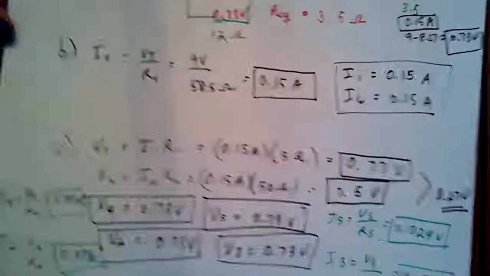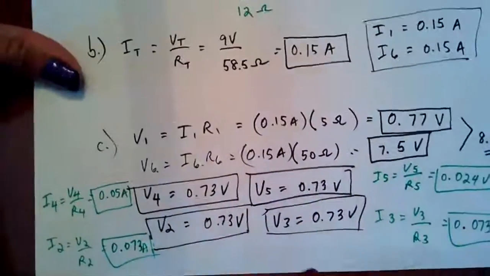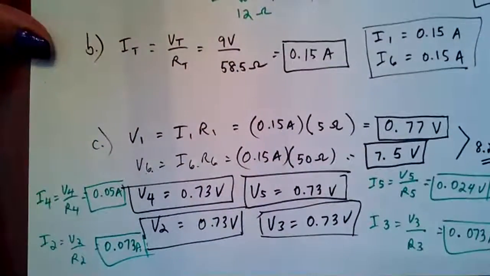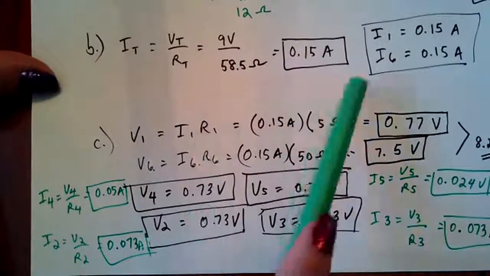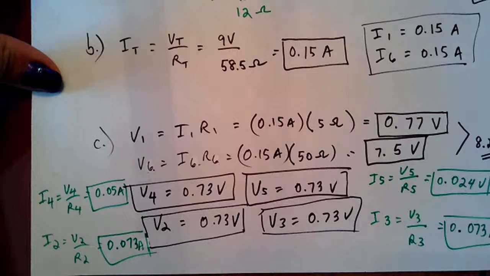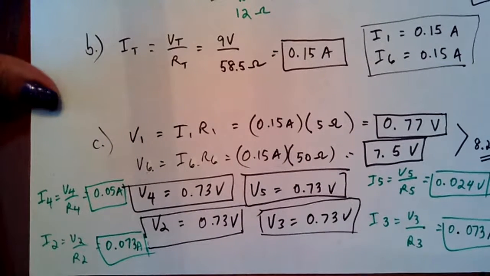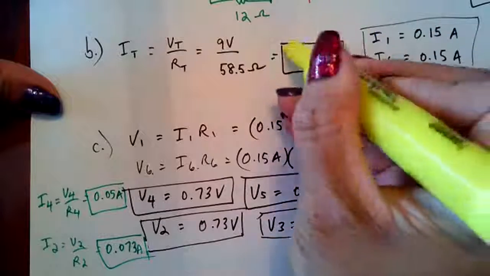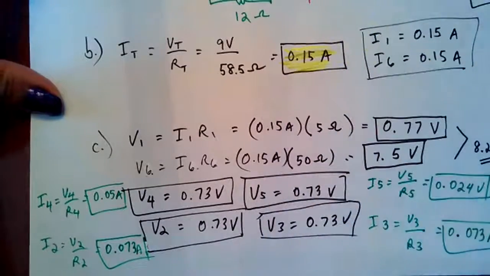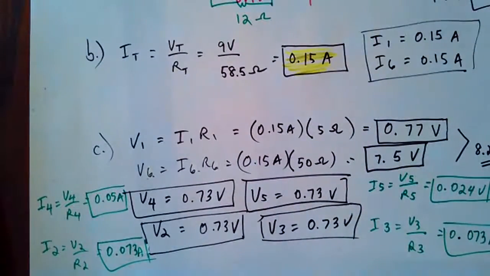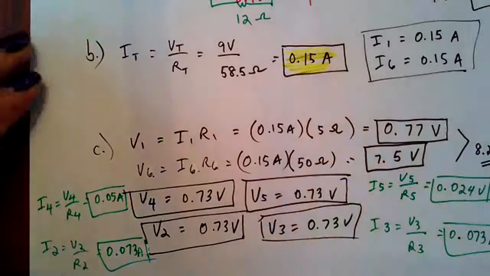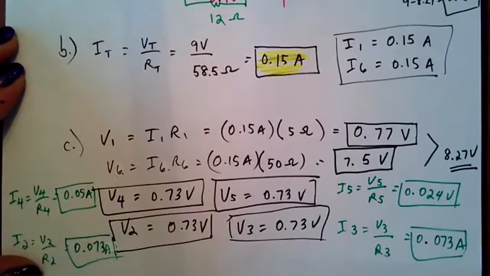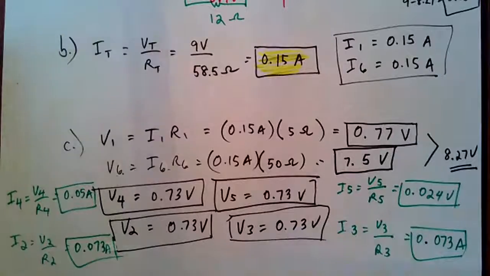Okay. Now, just to double check our answers, since we know the total current running through the entire circuit is 0.15 amperes. Okay, this is the total current running through the entire circuit. When you combine the current that is running through all the parallel circuits, it should equal 0.15.